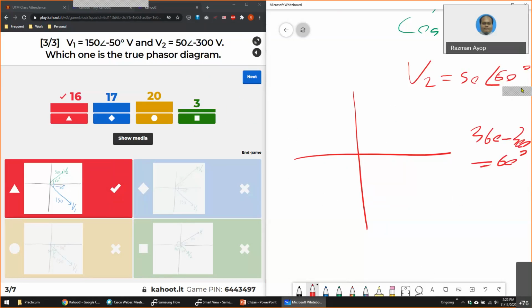V1 is much larger. V1 is negative 50, 150, V1. For V2, it is 60 degrees and must be shorter. 60 degrees is around like this, and this one is V2. This one is 50.